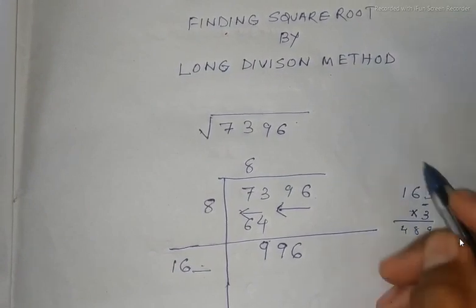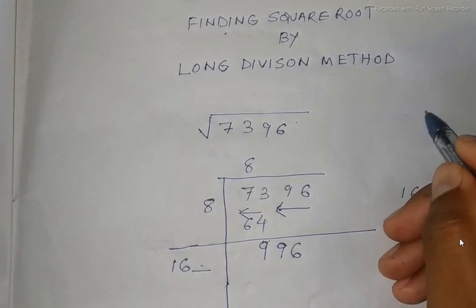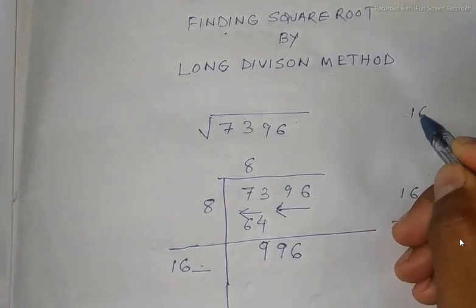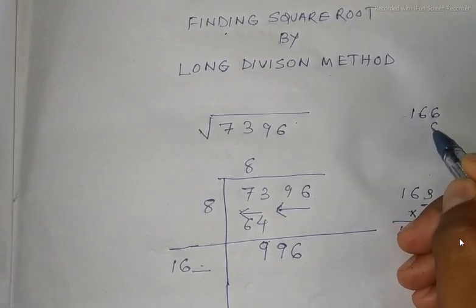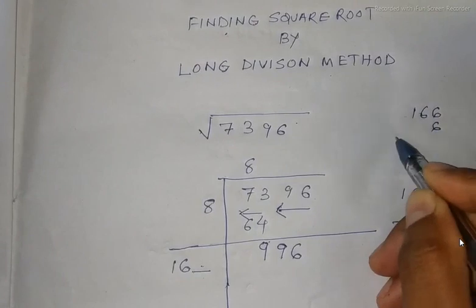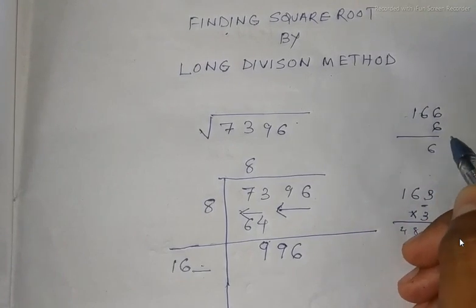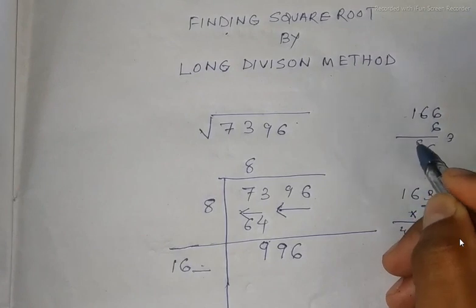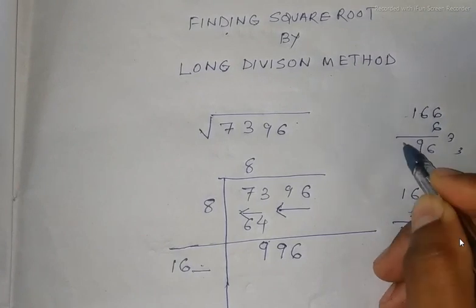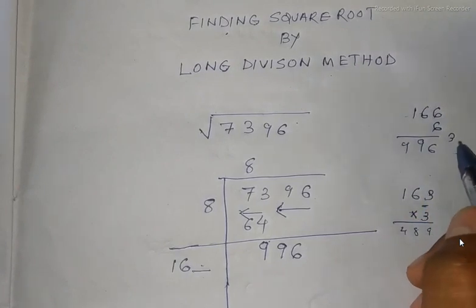So I have to take a larger number. Suppose I take 6, I have to multiply it by 6 only. 6 6s are 36, 996. Yes, it goes by 166 into 6.